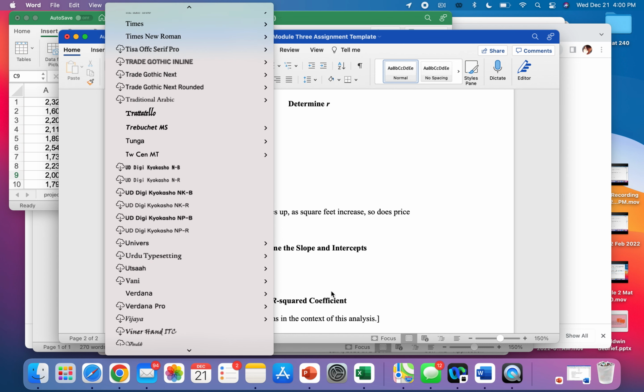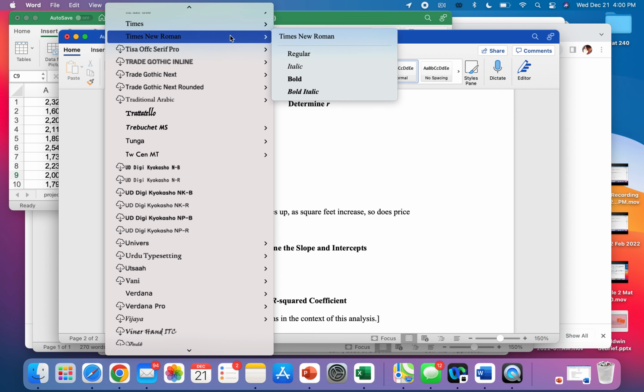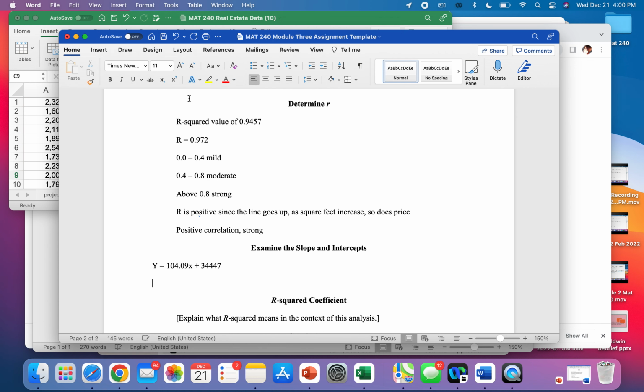The slope is the number in front of x. Slope in algebra is rise over run. So what that means is when x gets bigger by 1, y increases by 104.09.